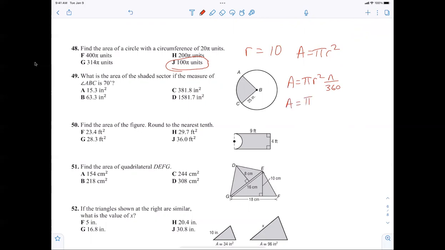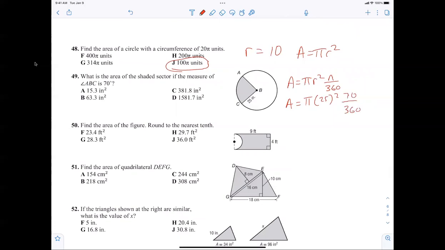So I have pi times 25 squared times what? 70 out of 360, thank you. So everybody type that on your calculator, pi times 25 squared times 70 divided by 360. 381.8. Everybody in agreement on that?